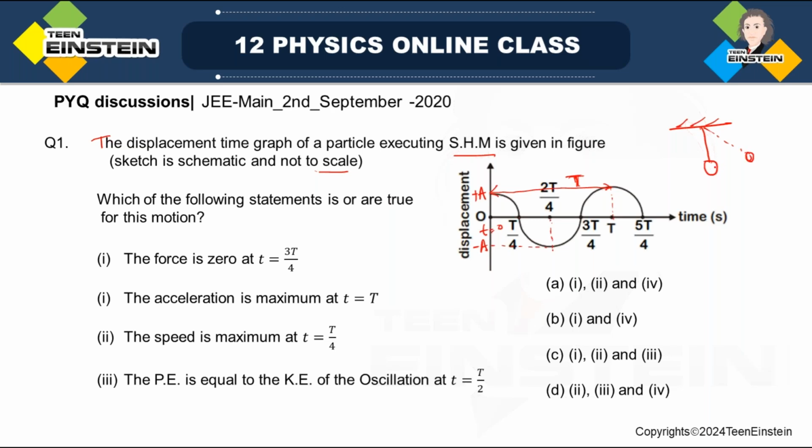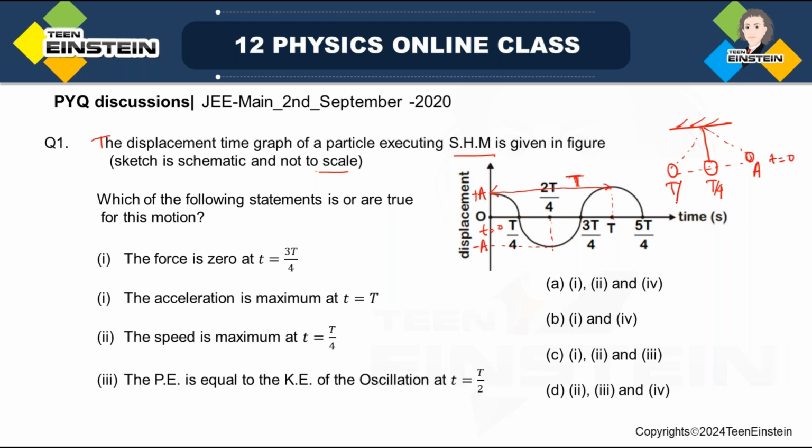Okay, so let us say this is A. When t is equal to 0, the pendulum is here. By T by 4 it will come to the equilibrium point. Okay, this is the equilibrium point. So by T by 4 it will be here. Then another T by 4 it will go to the other extreme, on the other side.